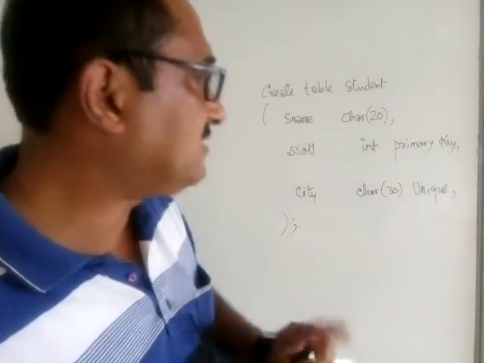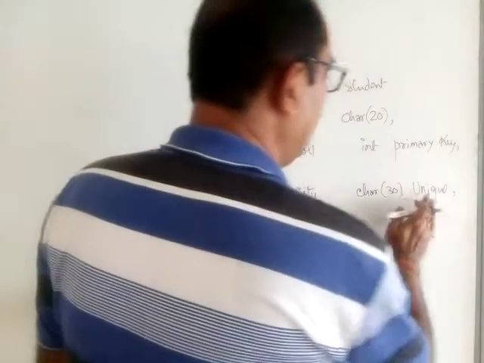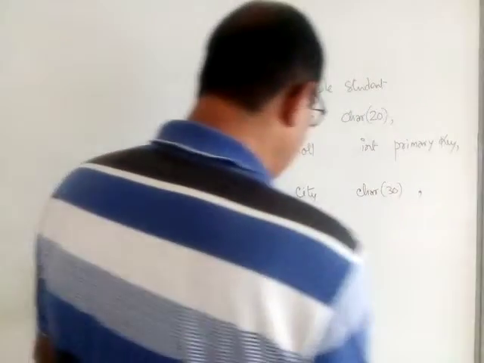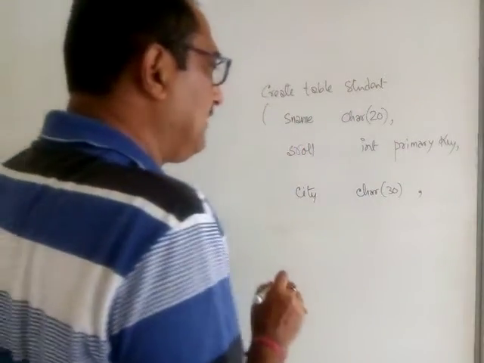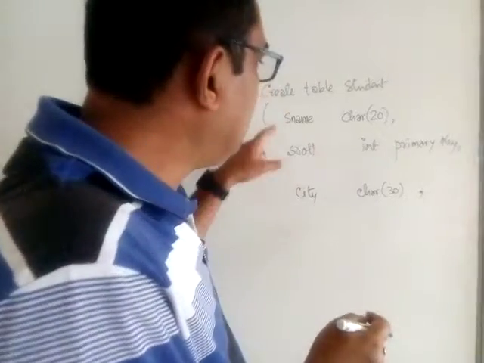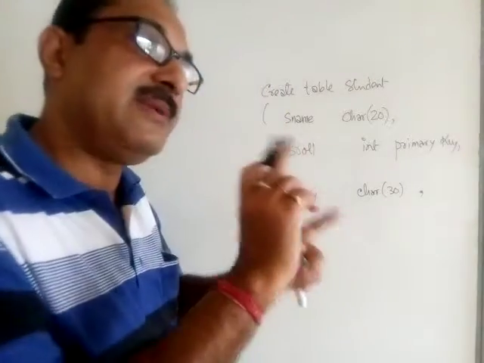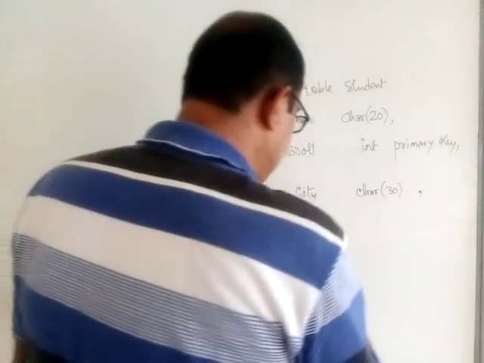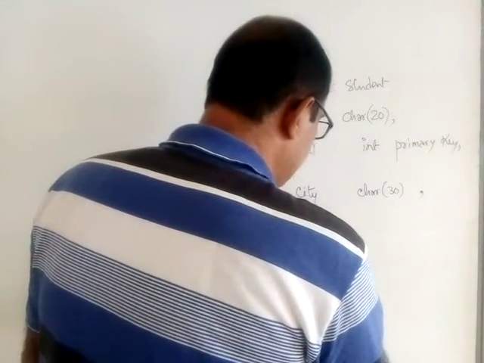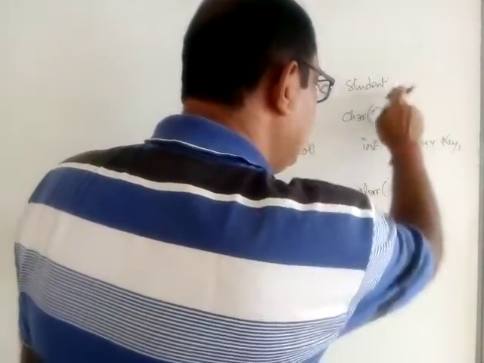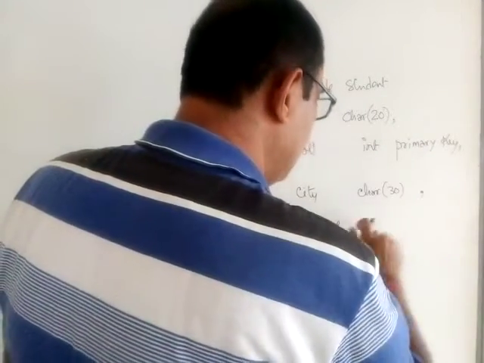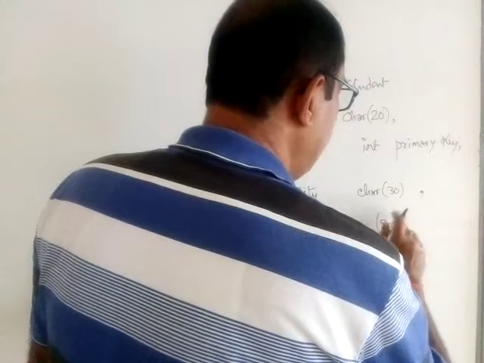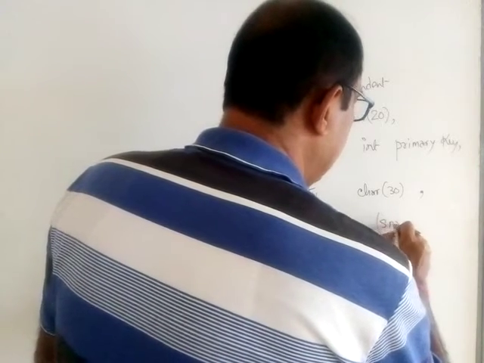For example, imagine you wrote here a comma, and you realize that your student name and city, this particular combination, should have a unique constraint. Then you can write like this: at the last line, after the last field, you can write unique, and then write the combination, SN and C.